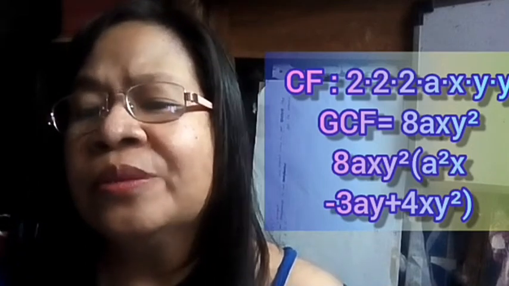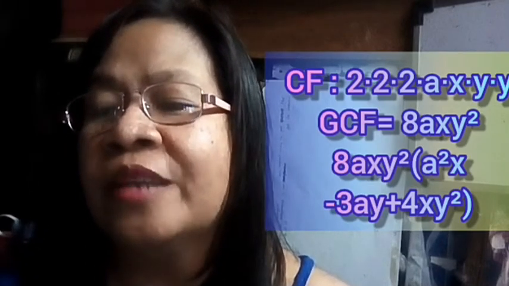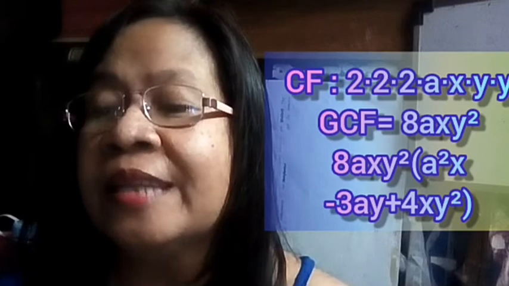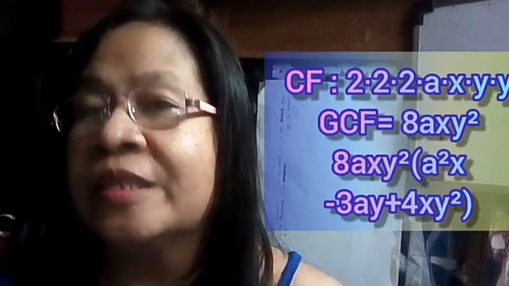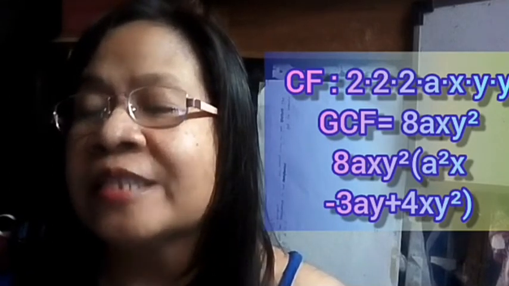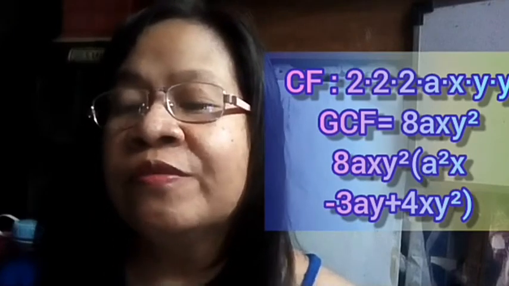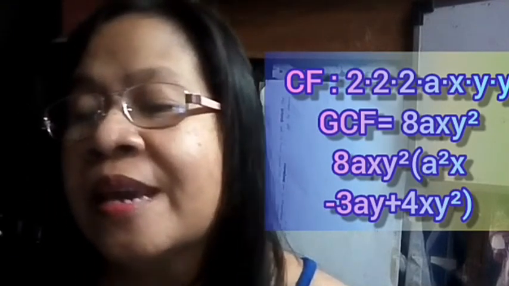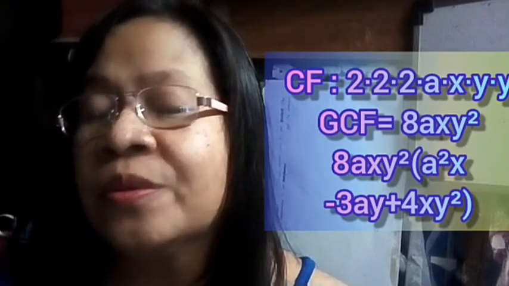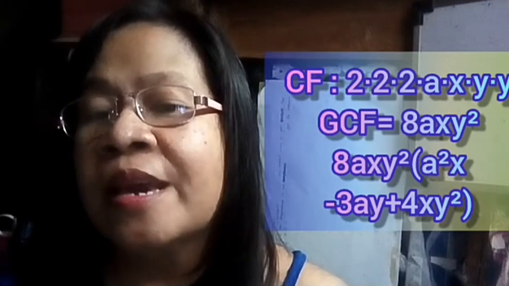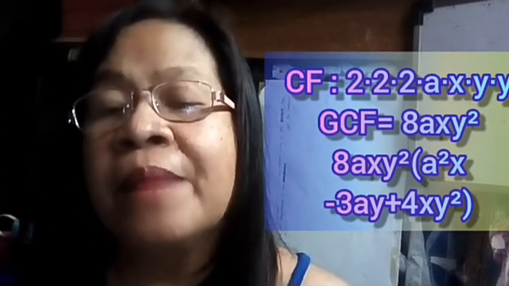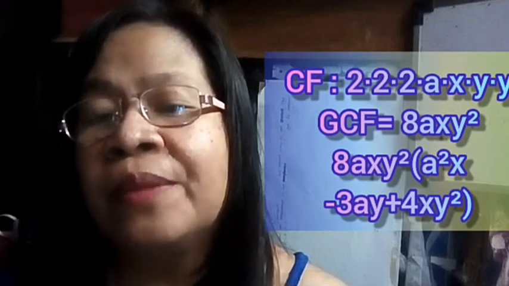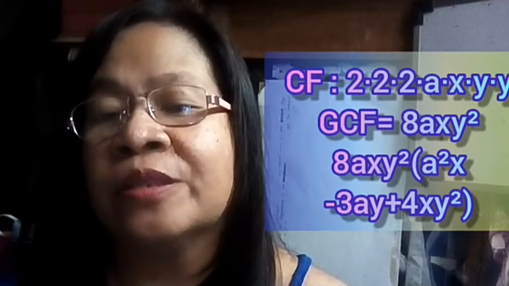Next, 32a x squared y to the fourth divided by 8a x y squared is equal to 4xy squared. So the final answer is 8a x y squared times the quantity a squared x minus 3ay plus 4xy squared.